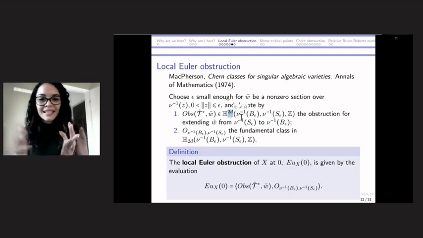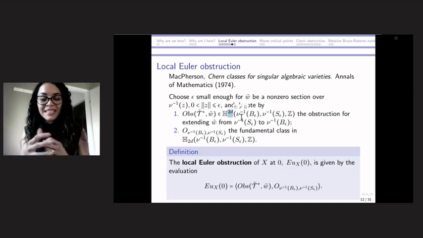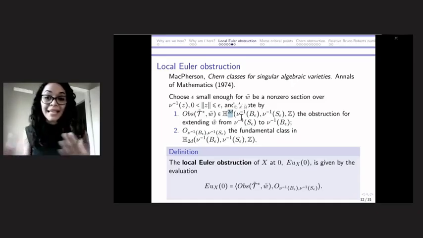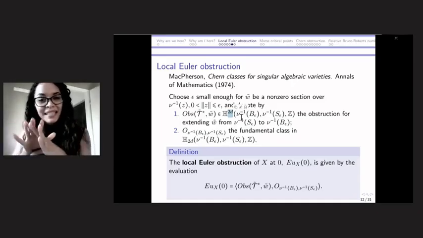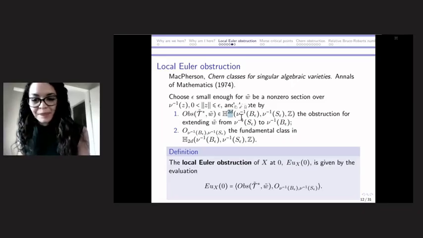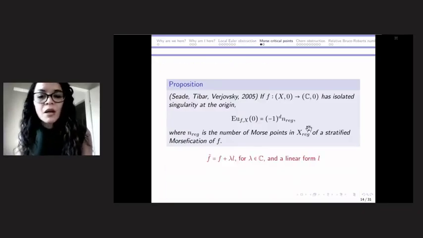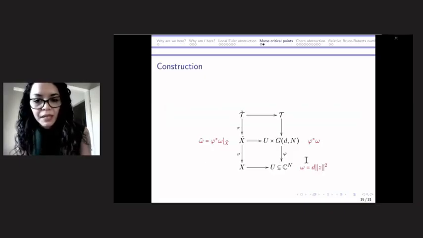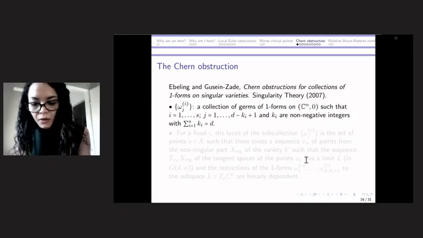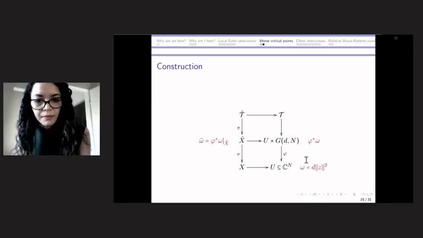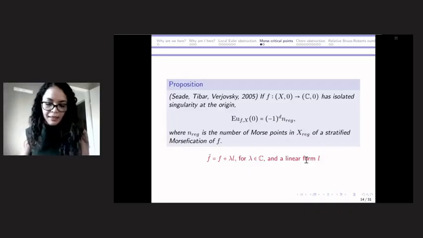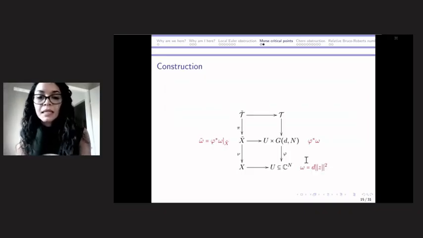So what the Euler obstruction computes is what is happening in the top stratum. All right? So this is what I wanted to say about Morse critical points. This is going to come back in the end, all right?